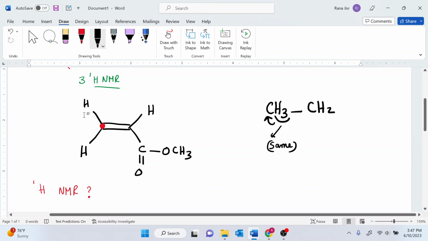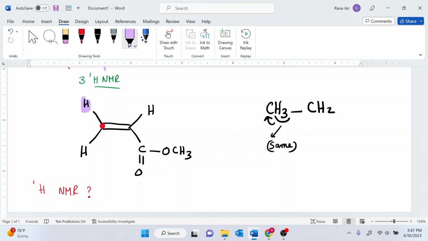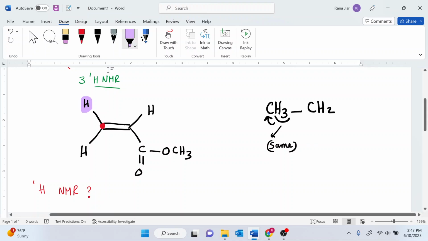Why? Because this hydrogen here, let me highlight that, this hydrogen here is cis to this hydrogen, okay? And this hydrogen here is trans to this group.